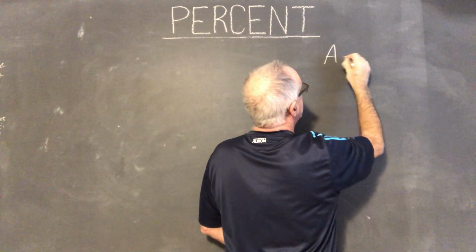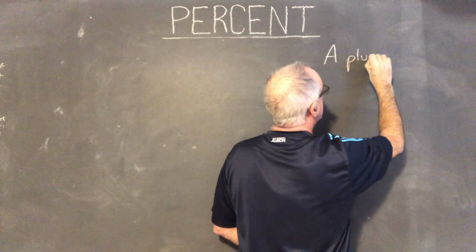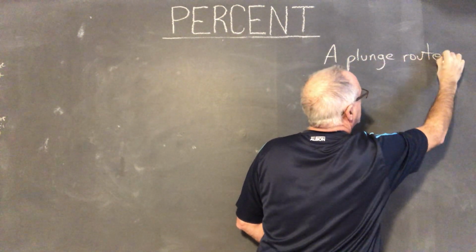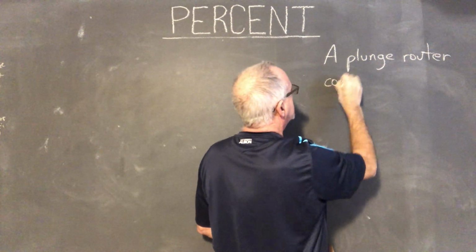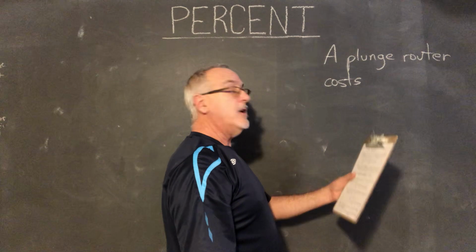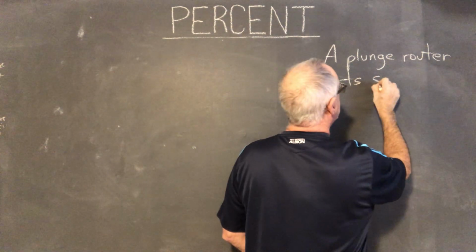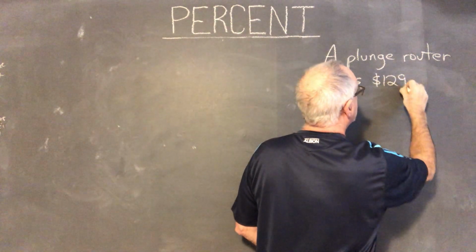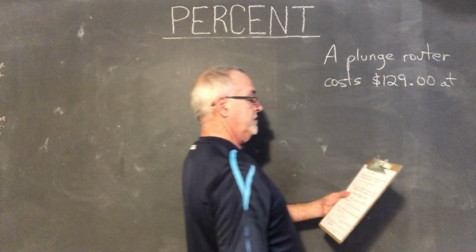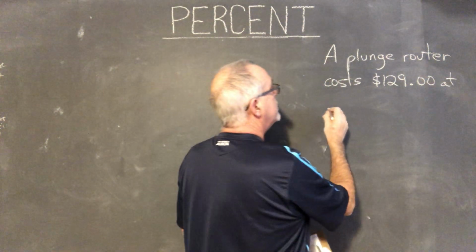A plunge router costs, let me make sure this is fitting into the rectangle nicely. Okay, costs $129 at the orange store.